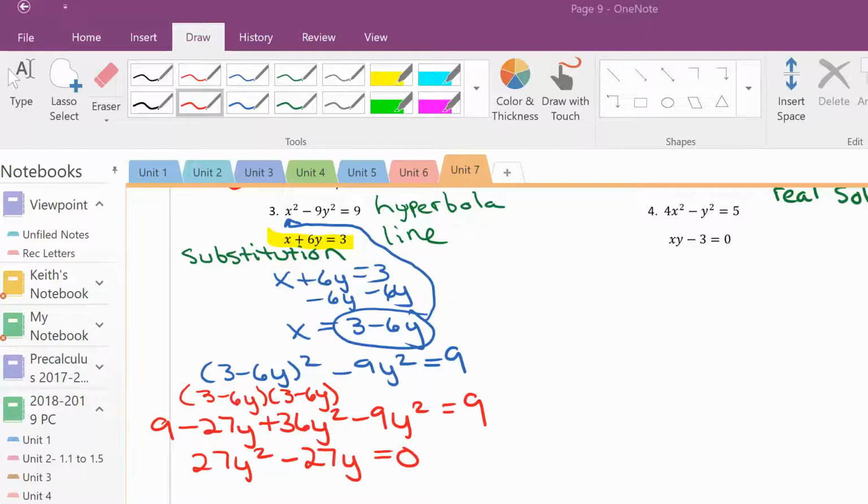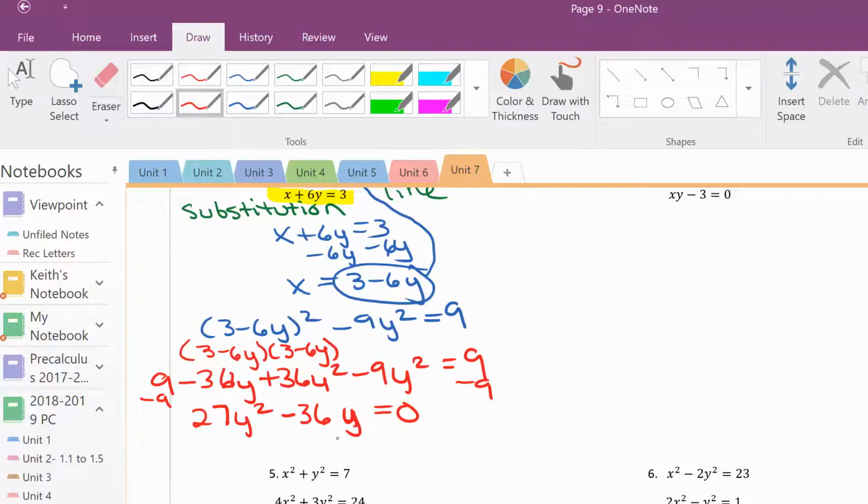Sorry, it should be 36y here because it's 18 and 18, so it's minus 36y. So this should be a minus 36y here, and this should be 27y squared equals 0 when you subtract the 9 from both sides.